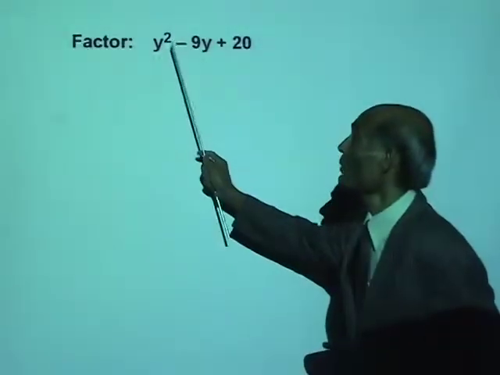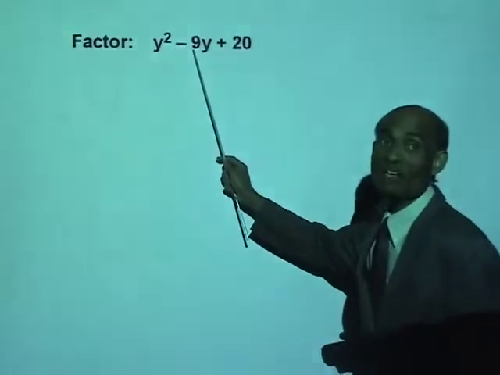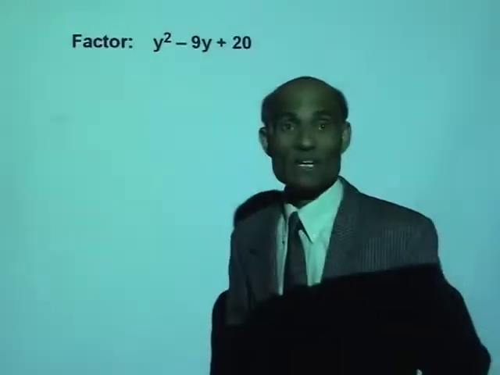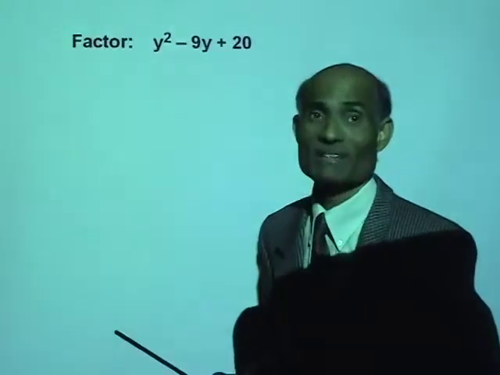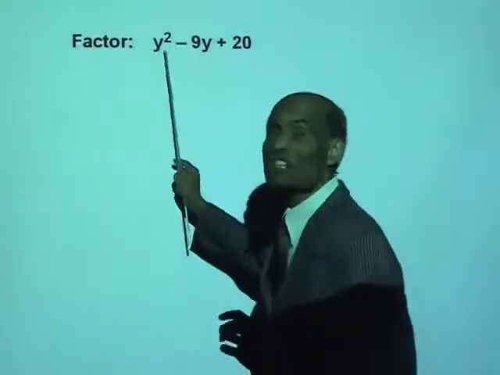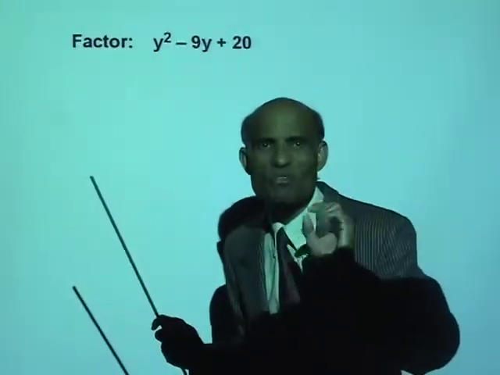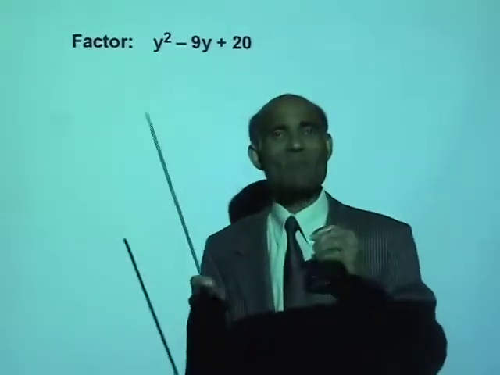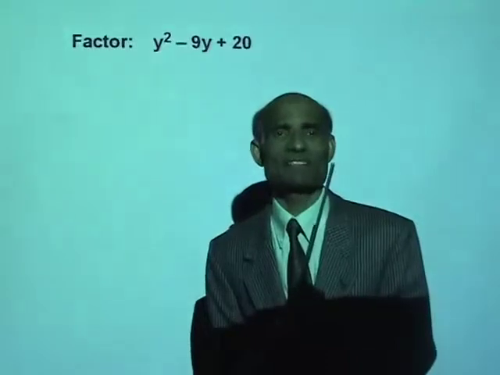Okay, let's do another one. Factor y squared minus 9y plus 20. You see, when you factor, the coefficient of the first term is 1, is that right? 1y squared. That makes it very easy for us to factor.